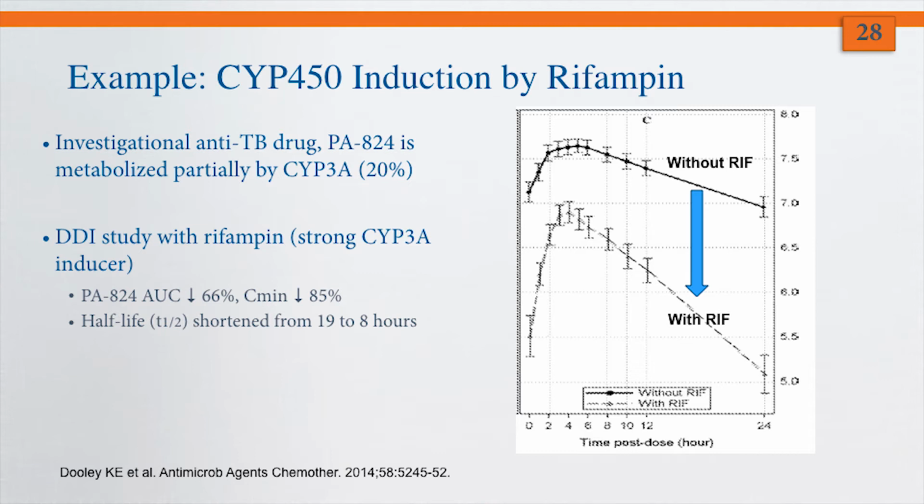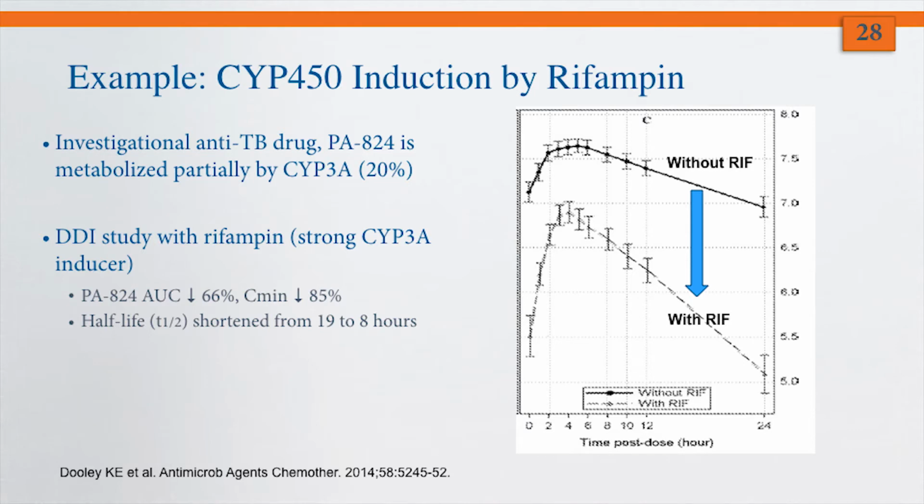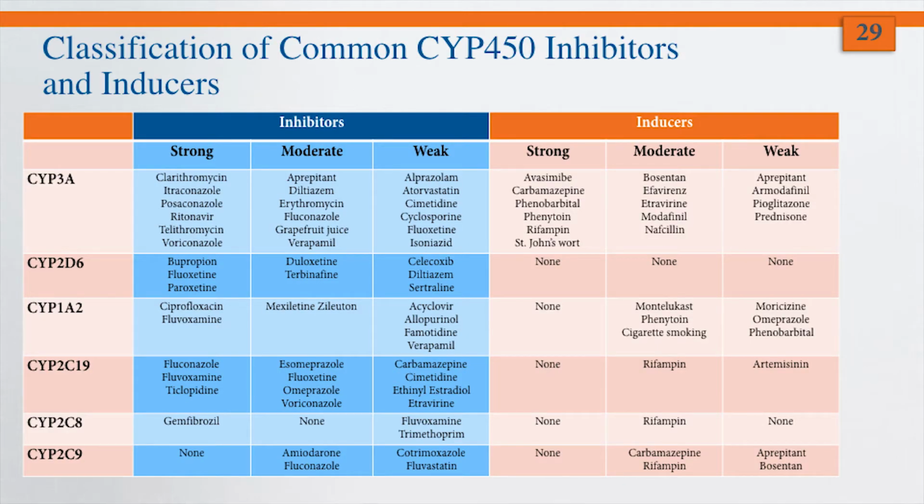It decreases the AUC by 66%. And as you can see in the concentration time profile, the half-life was considerably shortened because the drug is being eliminated so much faster. So this has implications for how this drug would be dosed in combination with rifampin throughout the course of development. This table shows some common CYP450 inhibitors and inducers as a reference.